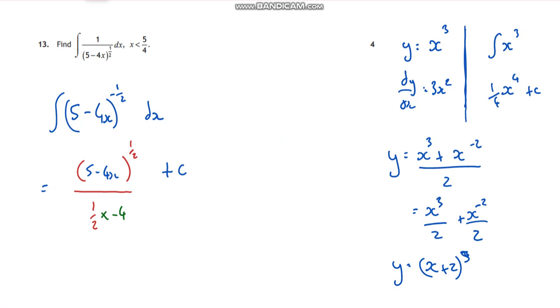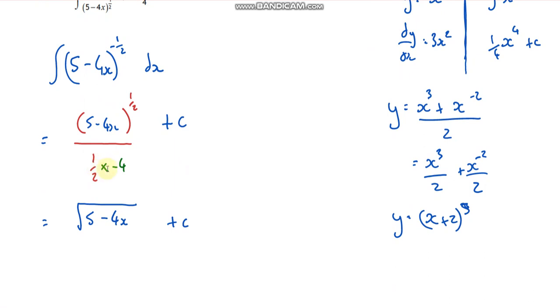Now we just need to tidy this up a little bit. So I'll keep my plus c where it is. I'll keep this bracket where it is as well, take away 4x. I'm just going to write that as a root, just to remind you that you can do that. So what does this become? A half times negative 4 is going to become negative 4 over 2, which is just negative 2.